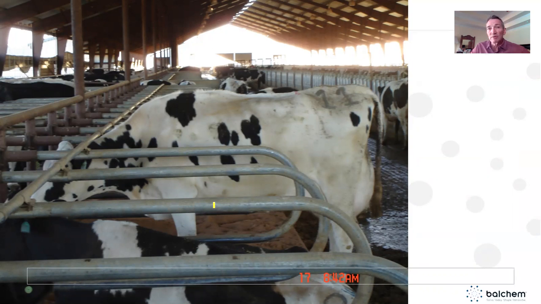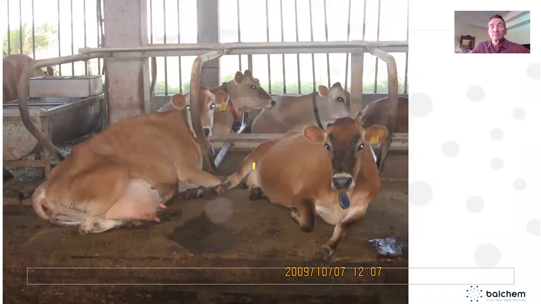Was this built for Jerseys, and somebody came in and brought in Holsteins? You've got to measure that. You've got to look at it and determine if it's an issue or not. Could be just one cow standing up and it's not an issue. Conversely, bring your Jerseys into big free stalls and they're going to be turning around, making a huge mess.